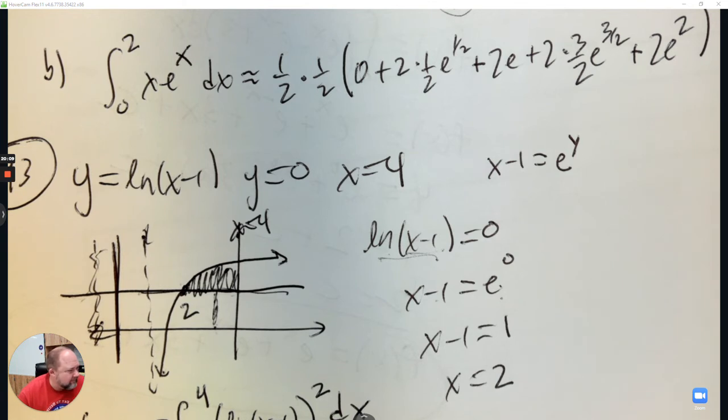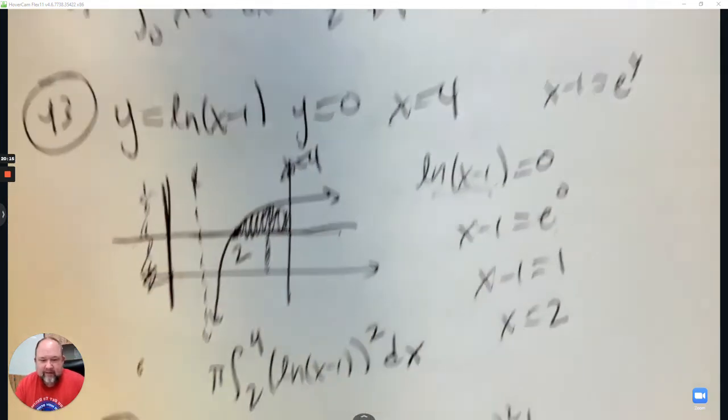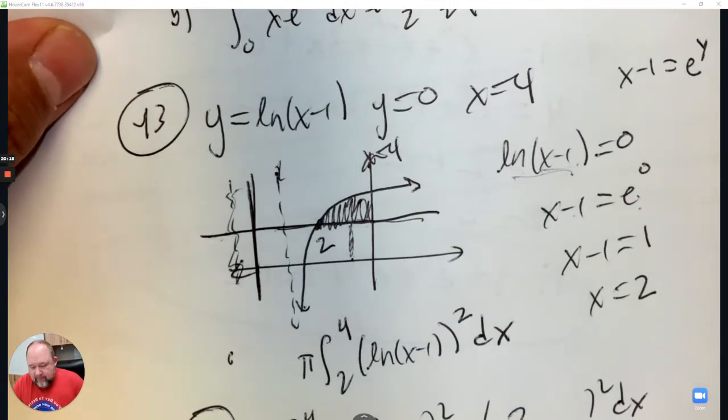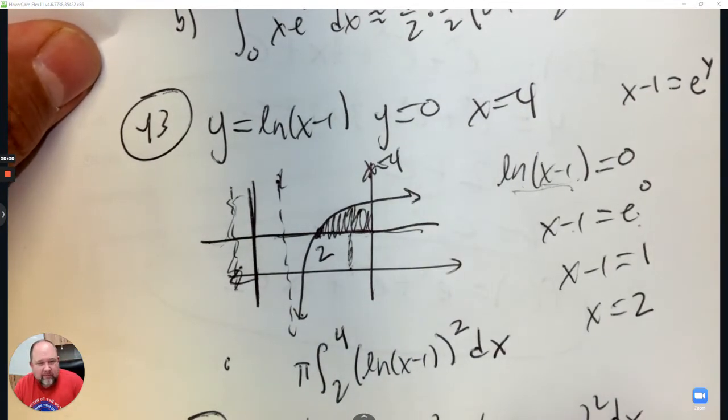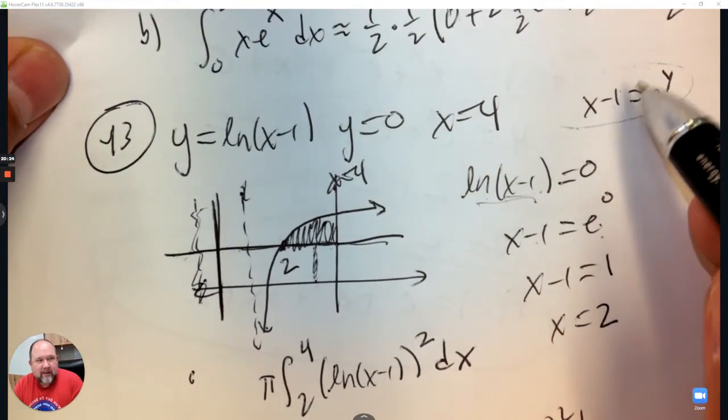Or what am I doing? Oh no, well why am I doing that, right? Why not use the shell method? I wasn't even thinking. Because it's parallel to use the shell method, that way, because do you really want to solve for y? This becomes a pain.